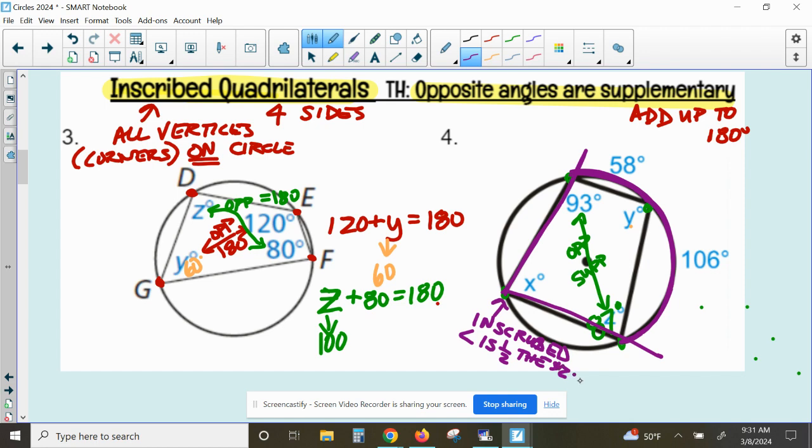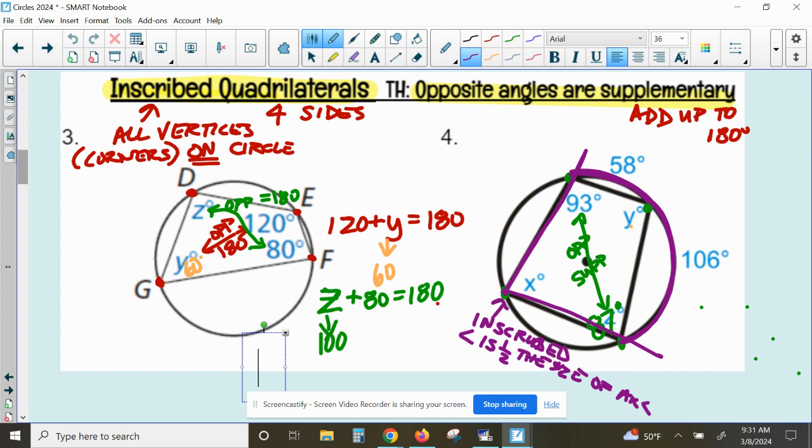Size of arc, sorry about my writing. So remember that the angle is 1/2 the size of the arc. Listen to my words because you can't read my writing. It says the angle is 1/2 the size of the arc.